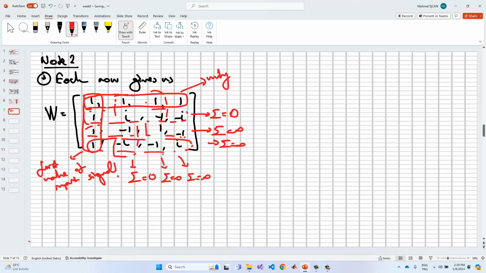Is this a coincidence? What's the meaning of this? Each row and column gives us what? 0. Which means that V returns to the what?